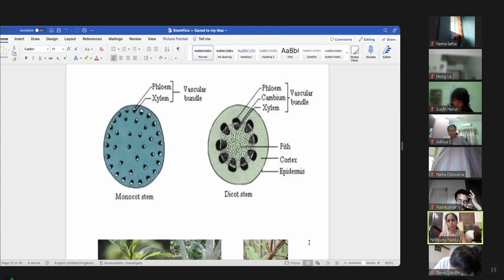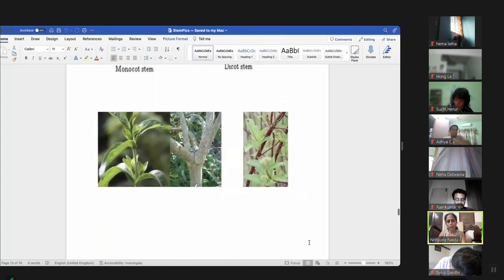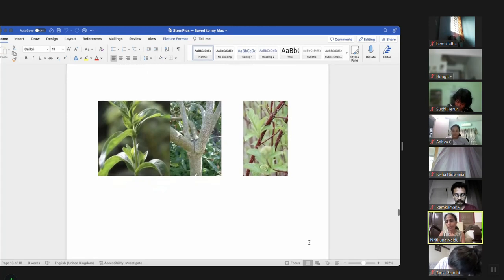So take the children outdoors. Before they go out, you go out and do a recce. Look around and see which ones you can show, because you need to show two types of stems, two specimens.